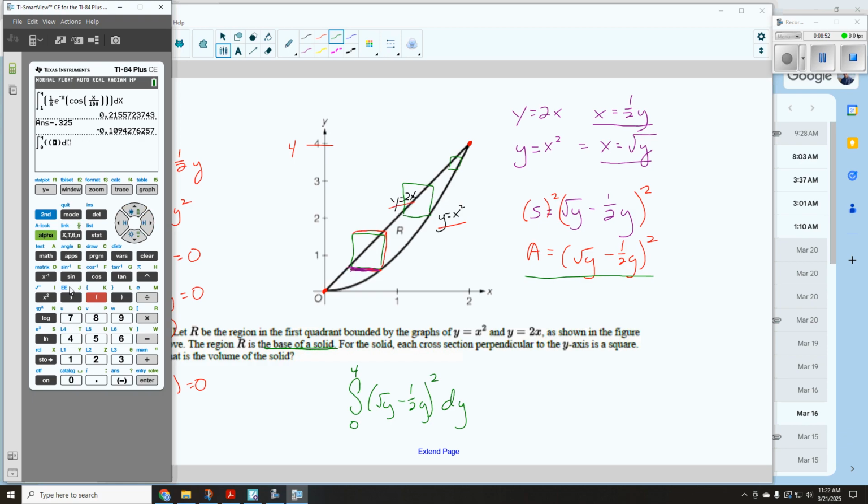I'm going to put another parentheses, square root of x minus 1/2 x, and I'll put in my parentheses and I'll square it. There we go. Now I have dx. And if I hit enter, I get 0.533, and that is one of the 4 answers.